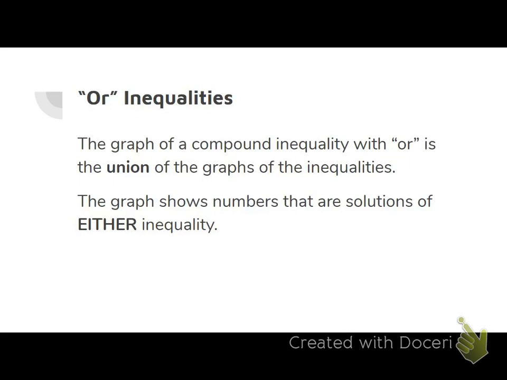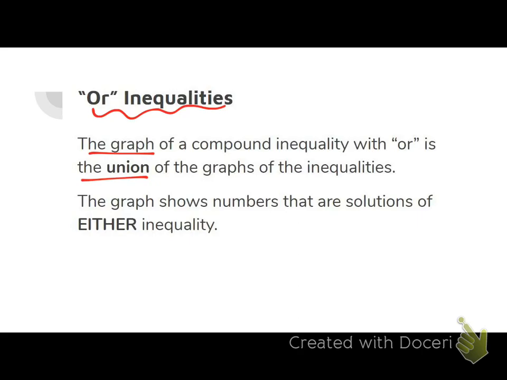Next up we have or inequalities. Again, I would maybe title this section so that way we can shorten down the notes about it. The graph of a compound inequality with or is the union of the graphs of the inequalities.